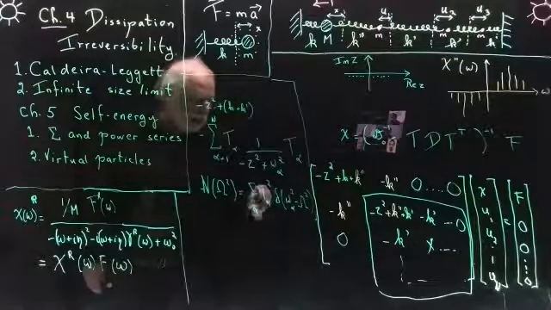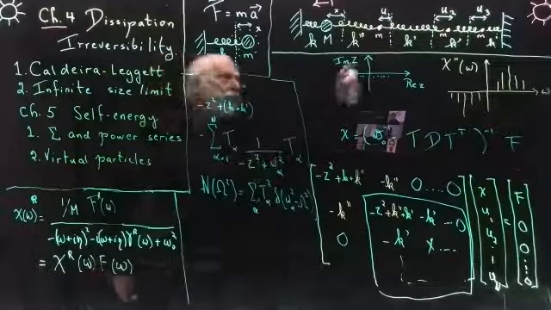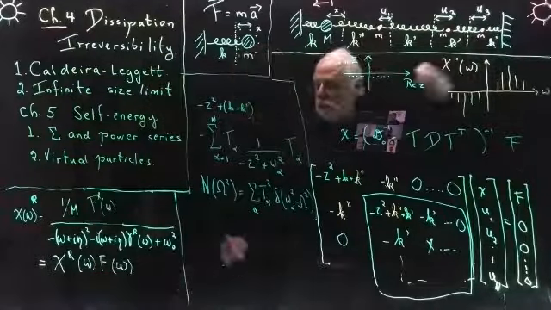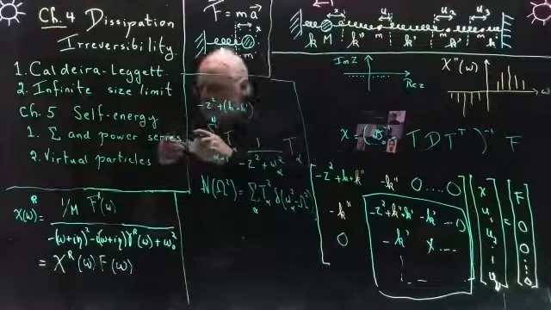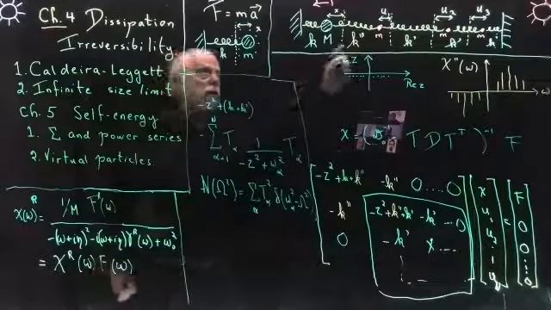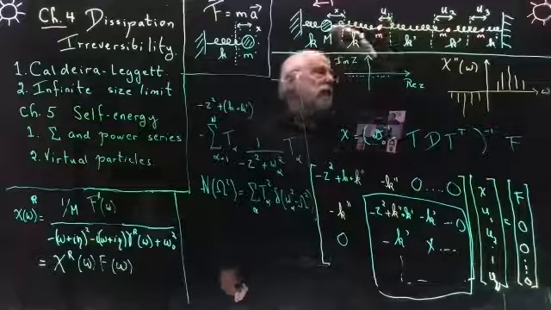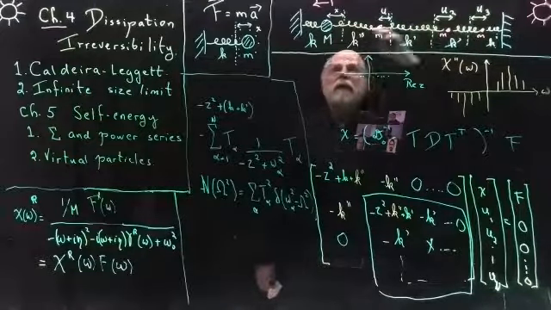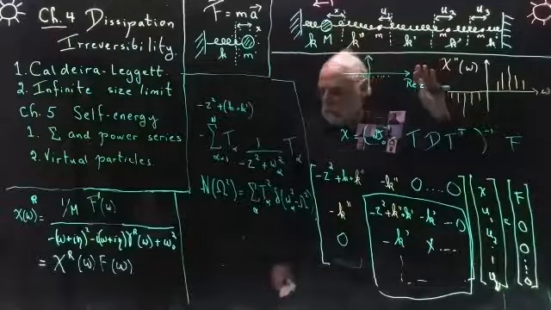And I take an infinite number of modes, so this chain now becomes infinite. The coupling to each mode will go like 1 over the number of sites. If the chain is infinite, it doesn't mean that I have an infinite coupling to the chain.